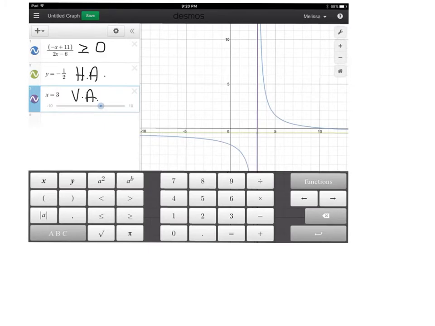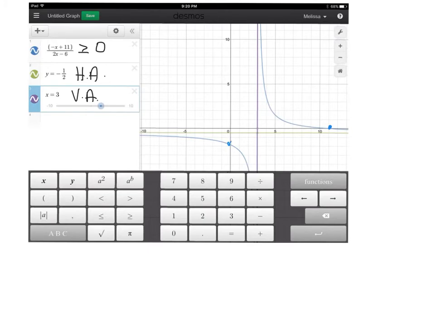Desmos gives a little bit straighter line than me sketching it on the graph, so I've graphed the vertical and horizontal asymptote on Desmos as well. Just to verify here, it looks like we crossed the x-axis at 11 like we suspected. And we're graphing the y-intercept close to negative 2, but not quite.